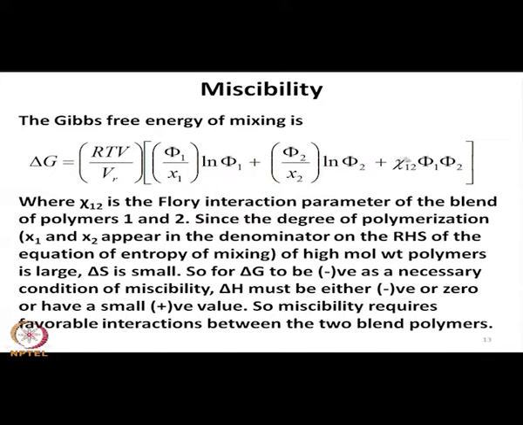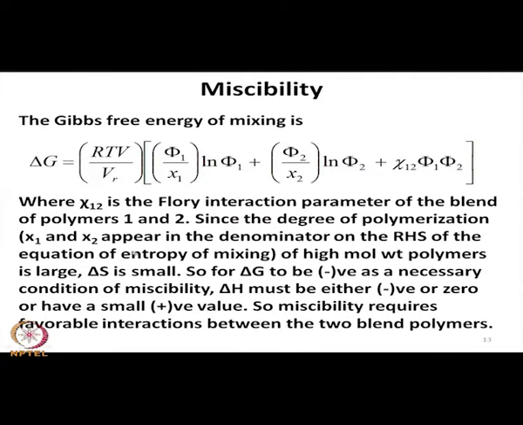So, this interaction parameter, which is again related to the solubility parameter of the two component polymers, is very much important, and with the help of these parameters one can calculate the Gibbs free energy of mixing.